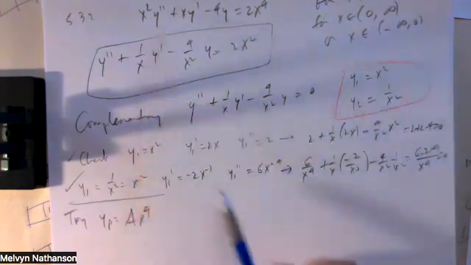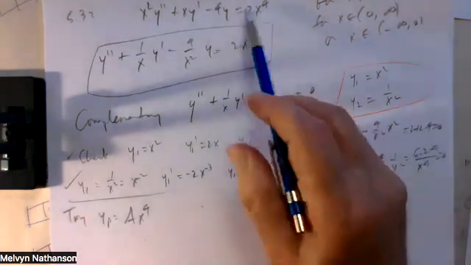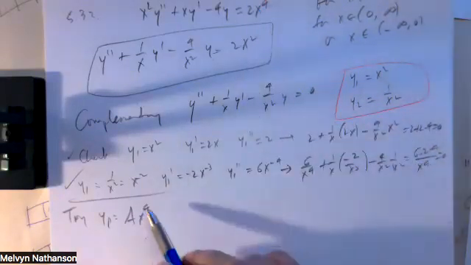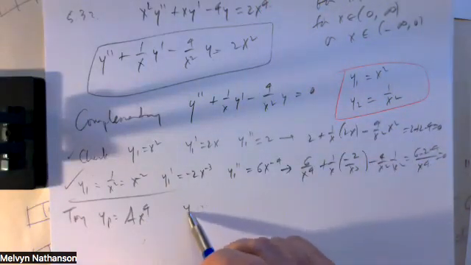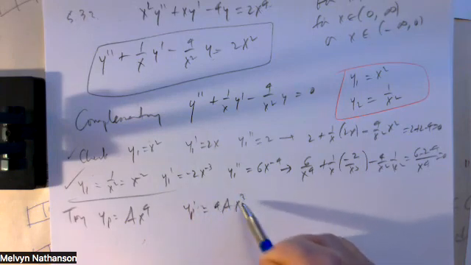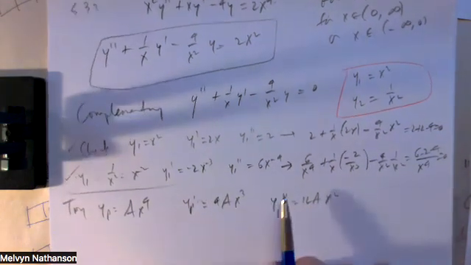So if I plug that into this equation, what do I get? I can use either this or this. Let me just use this because it's slightly easier. This is the first derivative, this is the function. The first derivative is 4a x cubed, and the second derivative is 12a x squared.